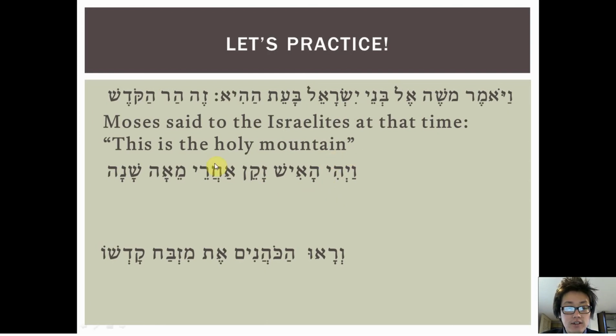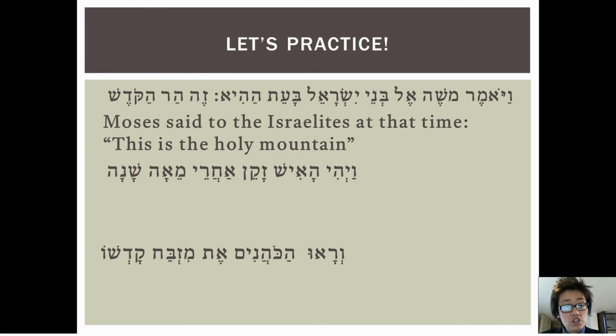Okay, so let's look at that. Vayhi ha'ish zaken acharei meyashana. A couple different new words in there. You may recognize this, the verb that we're going to focus on, as being from haya, and without the vav there, we would recognize it as the third masculine singular, pa'al, imperfect.